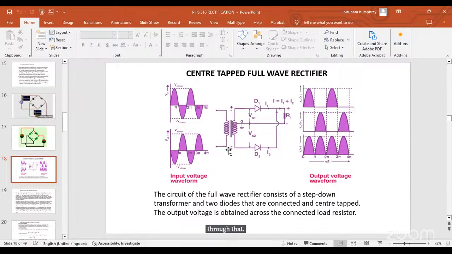While in the second half, the current will flow through diode 2 and then move up. Diode 1 current is coming, diode 2 current is coming. At this junction, they meet and form a combined current. That is why you have I is equal to I1 plus I2.